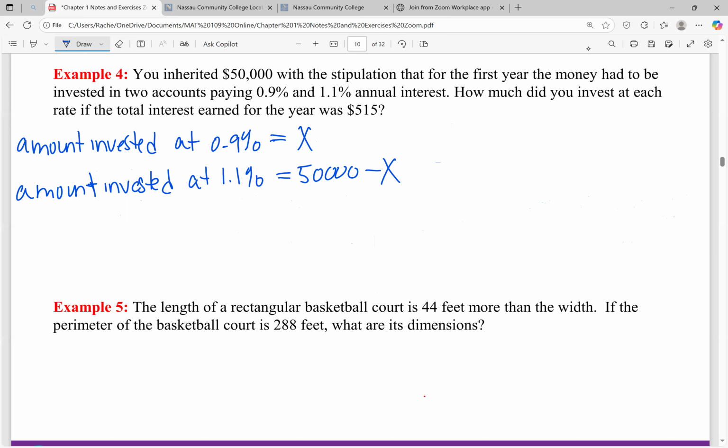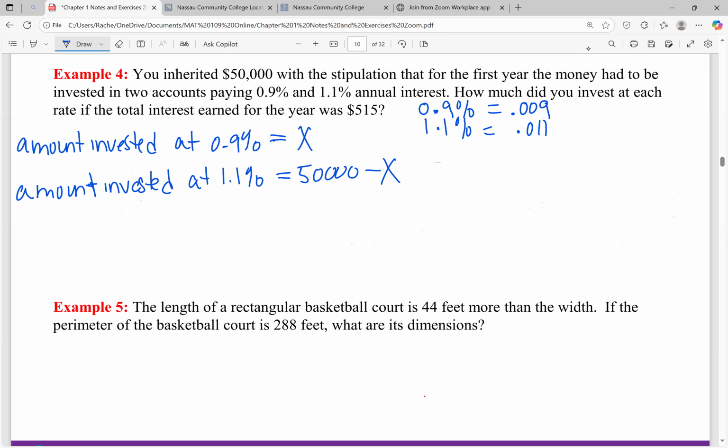So just a quick reminder, if I have 0.9%, to get the decimal form, we drop the percent and move the decimal to the left two places. So this is equivalent to 0.009, and 1.1% is equal to 0.011 as a decimal.